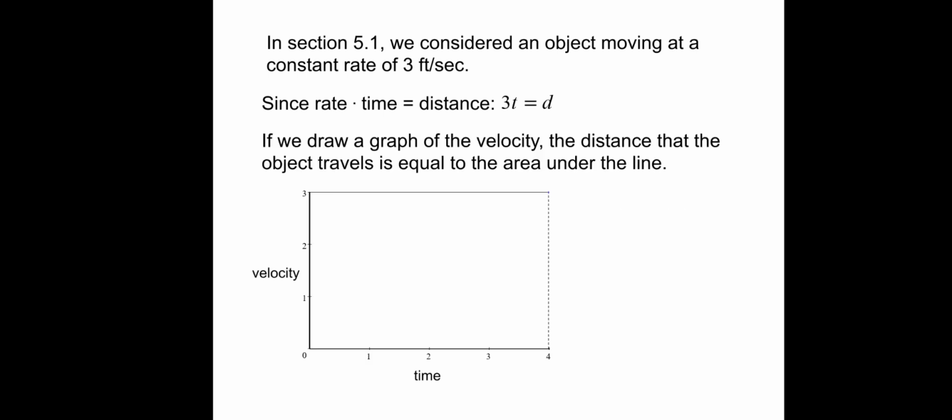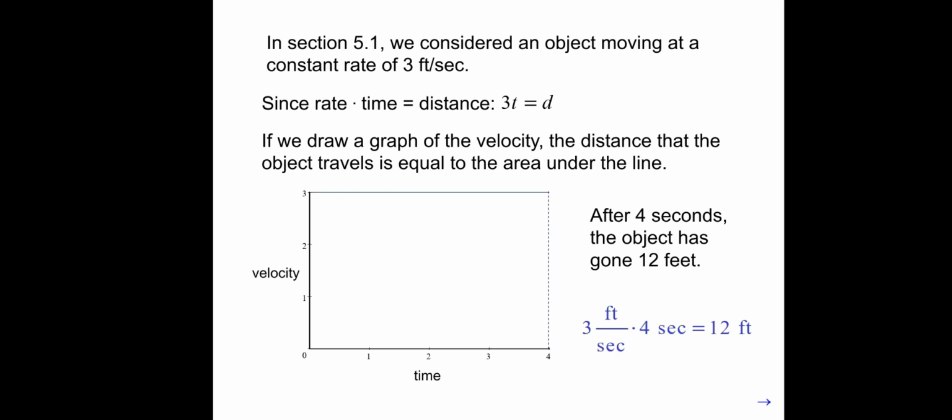If we draw a graph of velocity, the distance that the object travels is equal to the area under the line. So after 4 seconds, the object has gone 12 feet. So 3 feet per second times 4 seconds is equal to 12 feet.